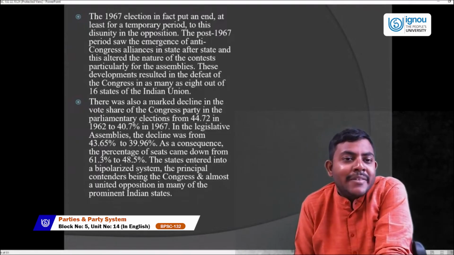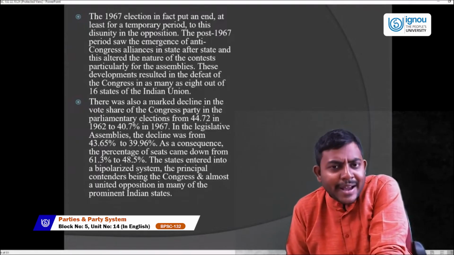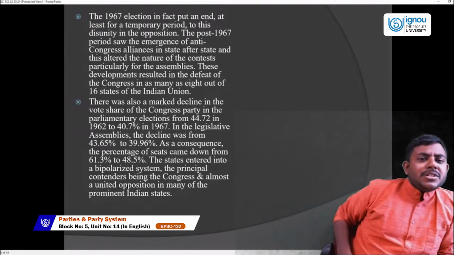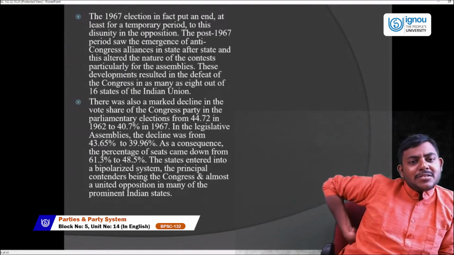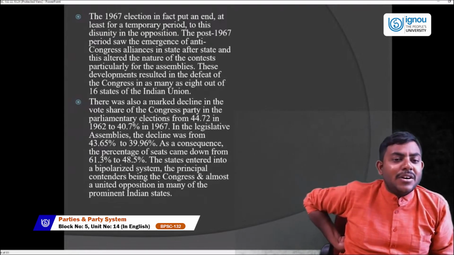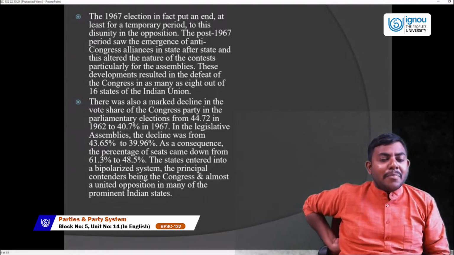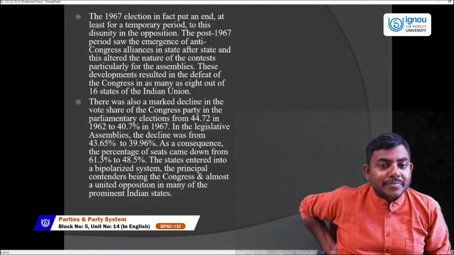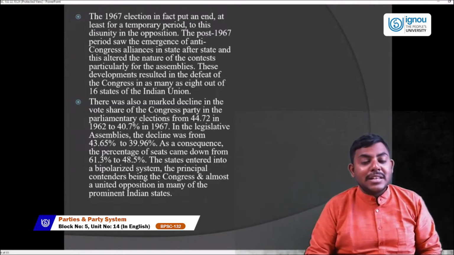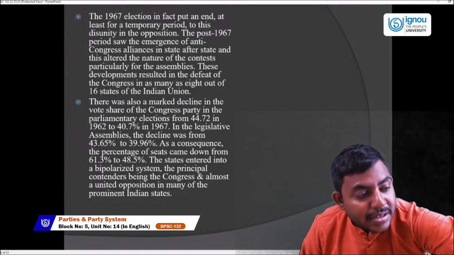The 1967 election, in fact, put an end, at least for a temporary period, to this disunity in the opposition. The post 1967 period saw the emergence of anti Congress alliances in state after state and thus altered the nature of the contests, particularly for the assembly. These developments resulted in the defeat of the Congress in as many as 8 out of 16 states of the Union.